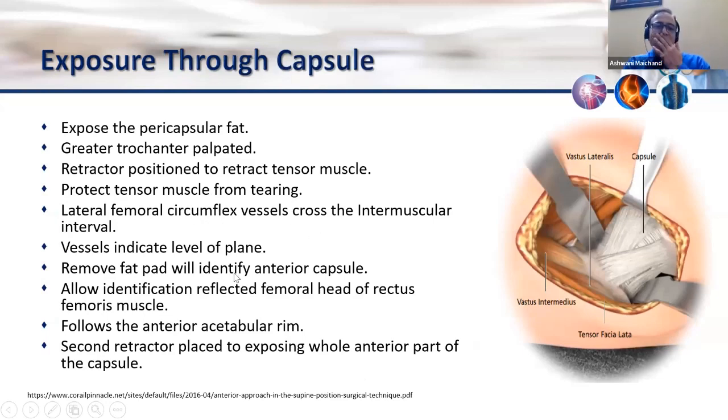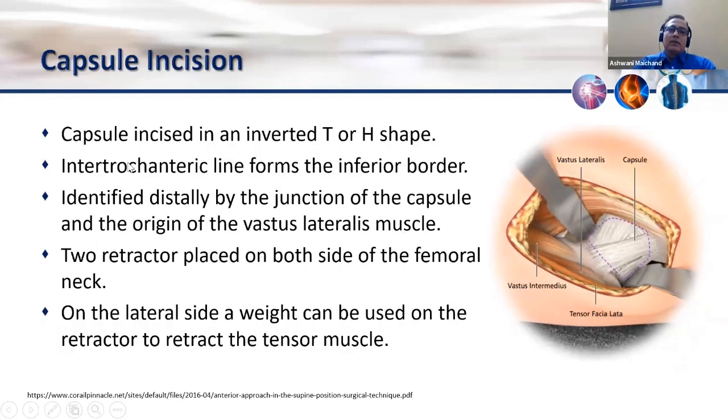So I think we have discussed all this. You remove the fat pad, which will identify your anterior capsule, and identify the reflected head. One of our blunt retractors goes right beyond the anterior column, just underneath your iliopsoas. The second retractor goes inferior to the neck.